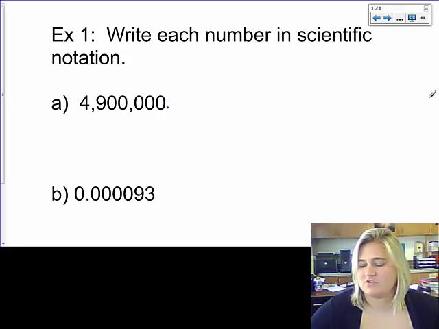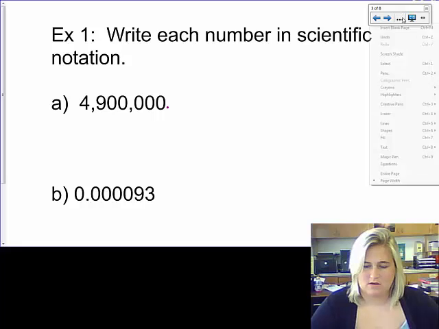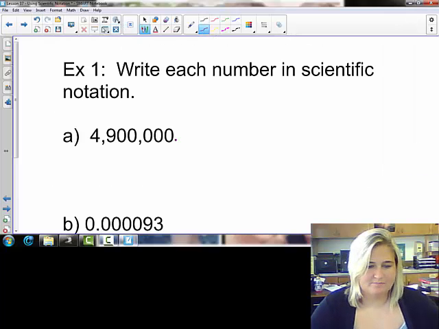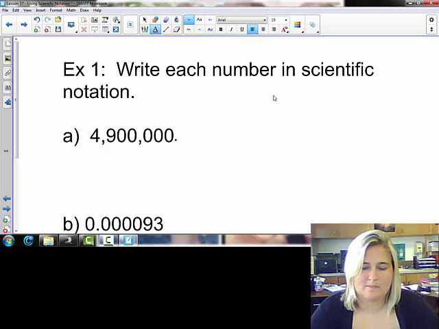Actually, maybe I can just type it in. Hold on just a second. We'll do that. Okay, so the rules for scientific notation.